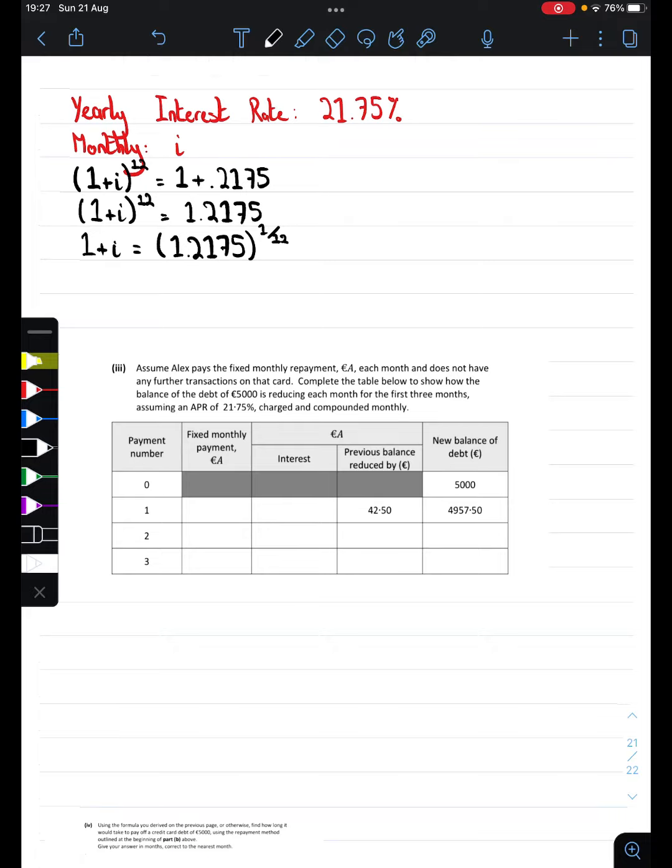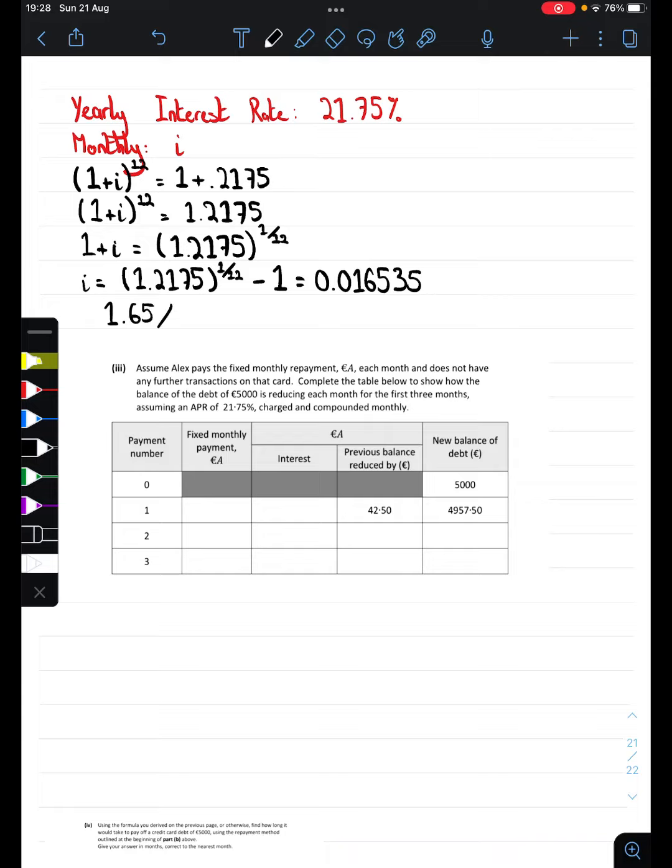And then we bring over the 1, so i equals 1.2175 to the power of 1/12 minus 1 equals 0.016535, or to three significant figures, 1.65%.